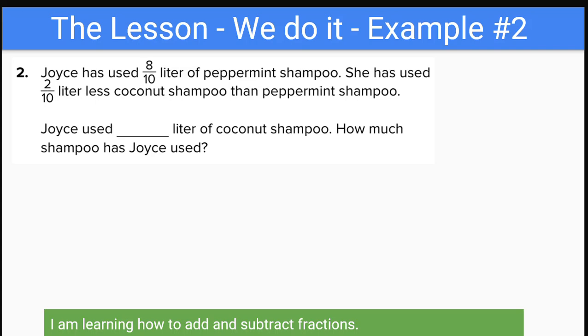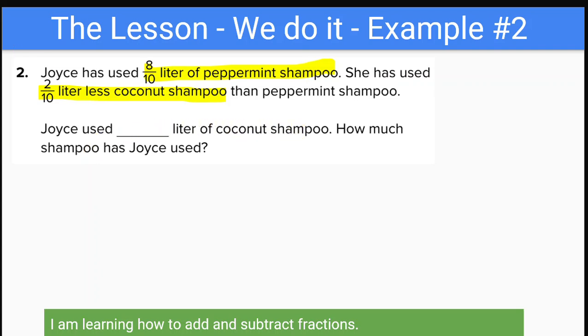All right, here we go again. Joyce has used 8/10 of a liter of peppermint shampoo. She used 2/10 of a liter less coconut shampoo than peppermint shampoo. Joyce used how much of a liter of coconut shampoo?